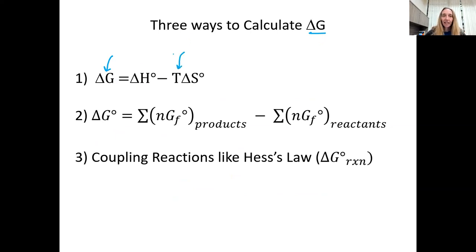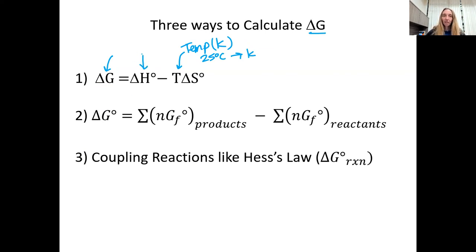The T in the formula represents temperature in Kelvin. If we know the temperature, then we'll be able to calculate the delta G at that temperature. If we're looking at standard conditions, then we put in 25 degrees Celsius converted to Kelvin, and it will give us the delta G at standard state.